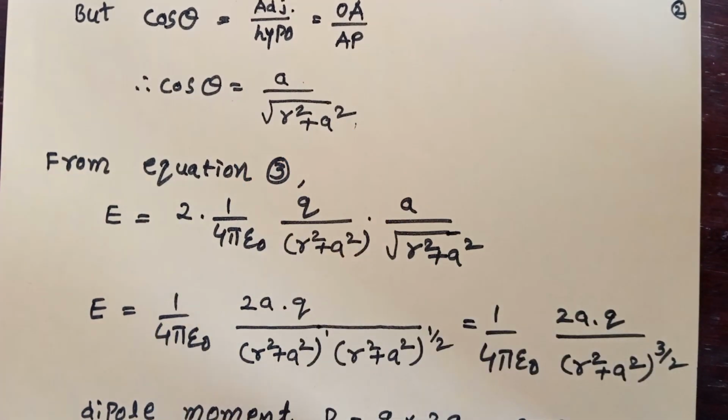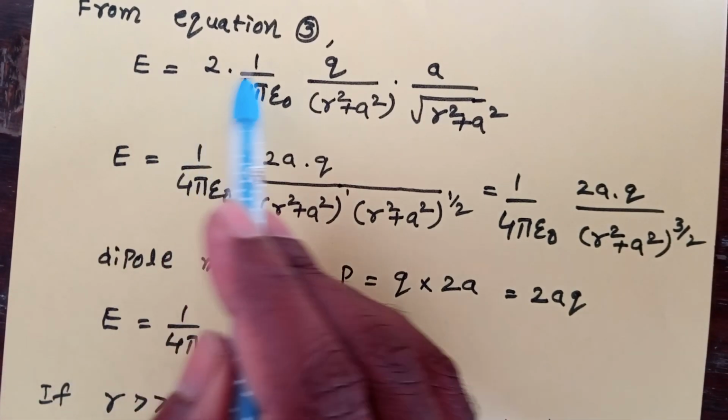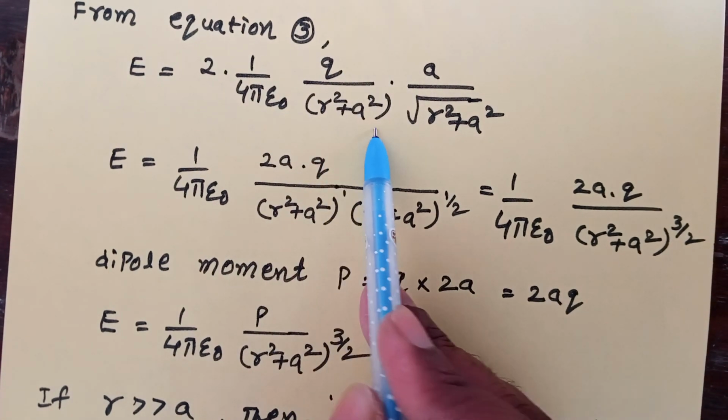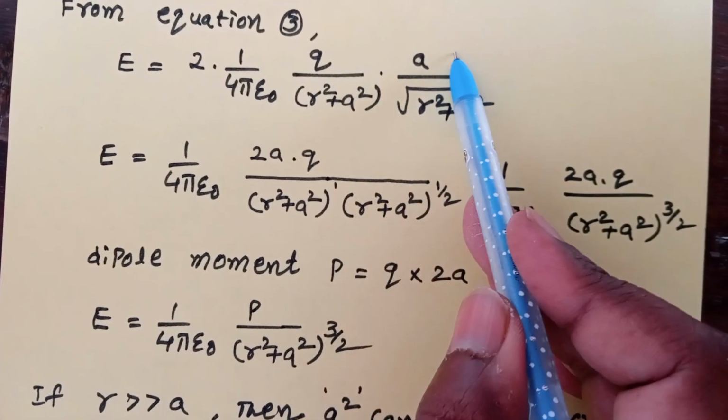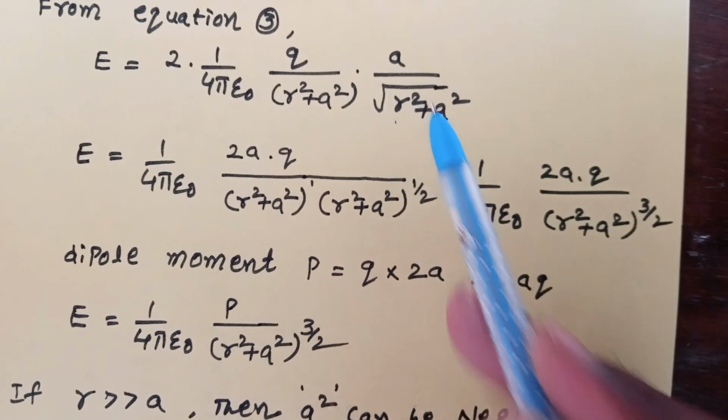Now substitute in the given formula. E is equal to 2 into 1 by 4 pi epsilon naught q by r square plus a square into cos theta. What is the cos theta value? a by square root of r square plus a square.